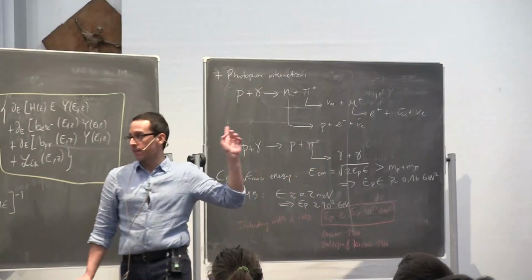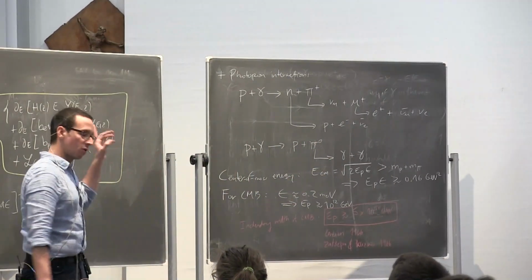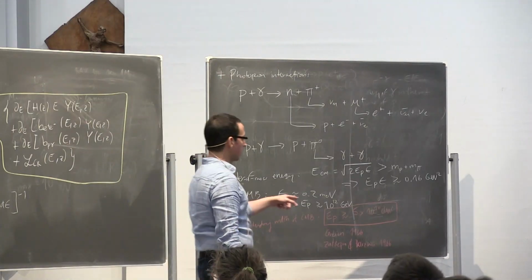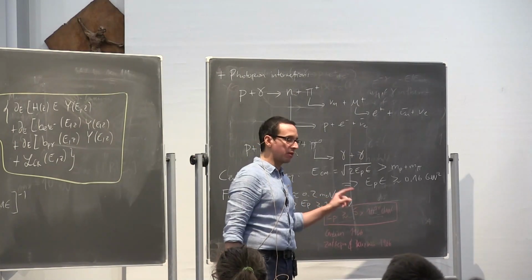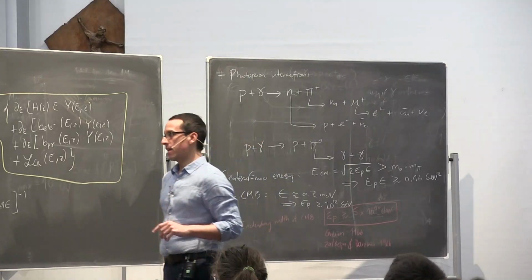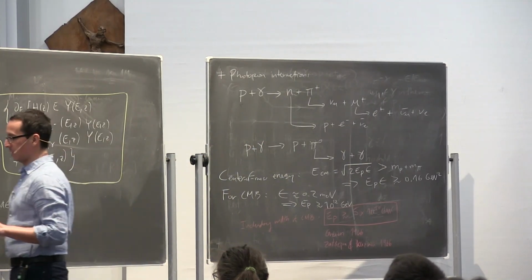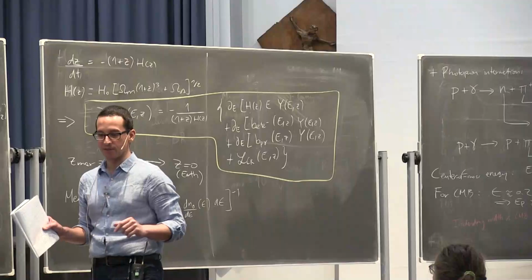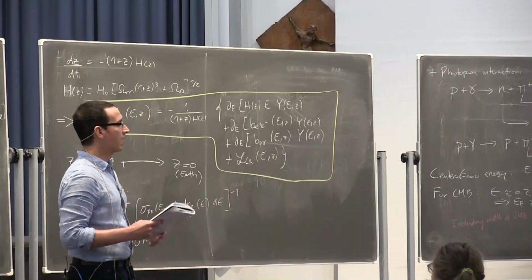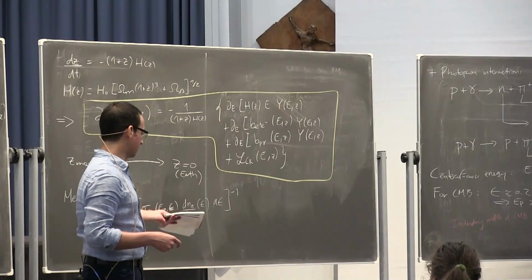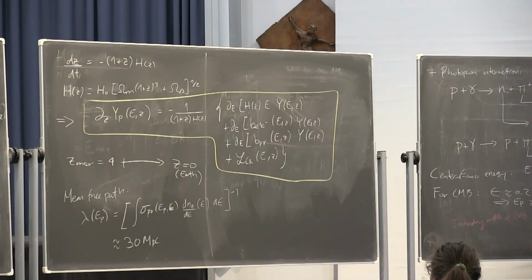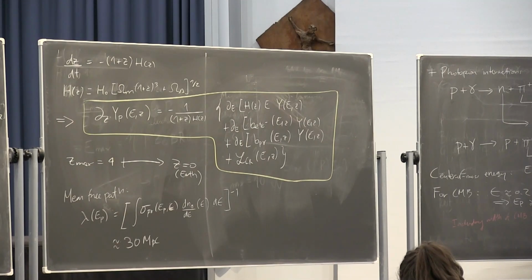And that means that no cosmic ray above this energy will reach us from beyond 30 megaparsecs. Every single cosmic ray that we see with energies above that has to come from the very local universe. And that means then that that process is super efficient. And then we can draw what the energy loss rate associated to that is.